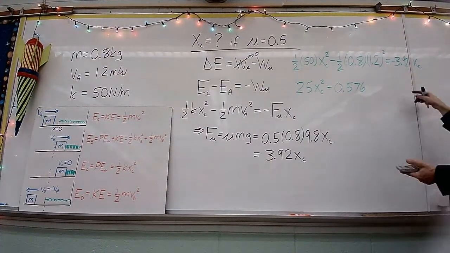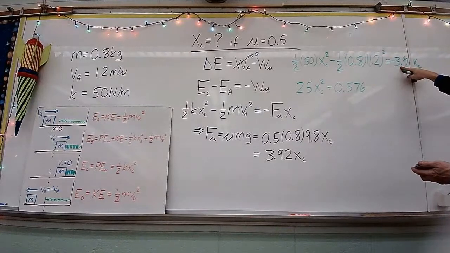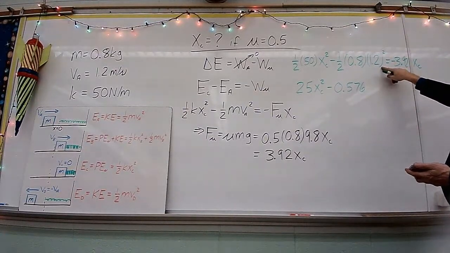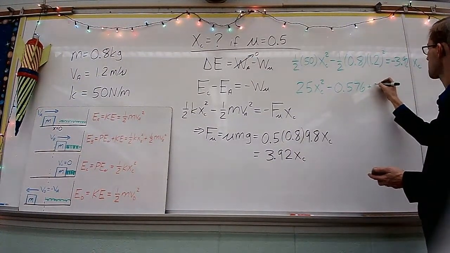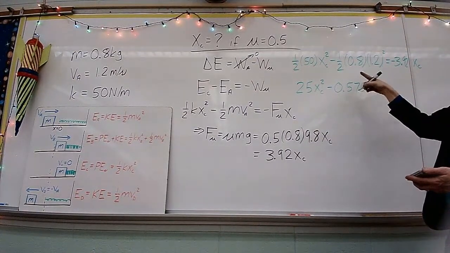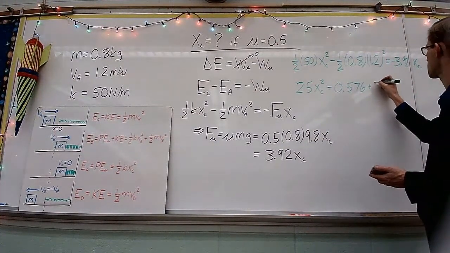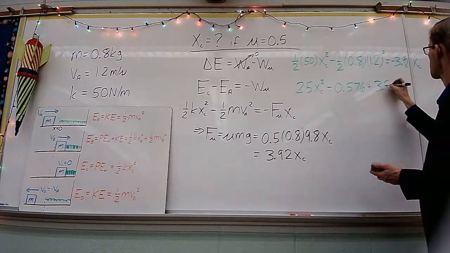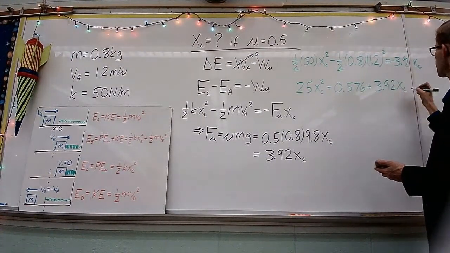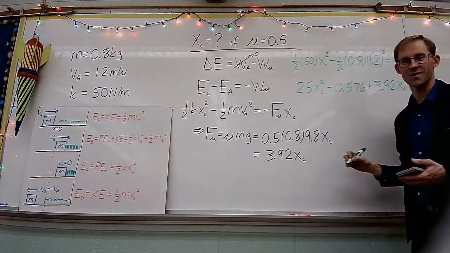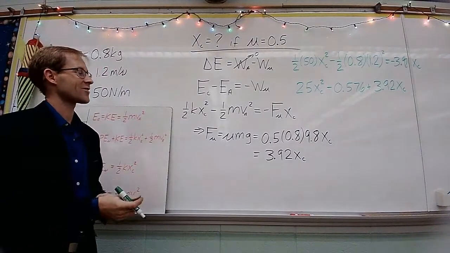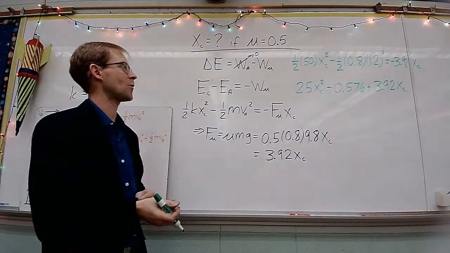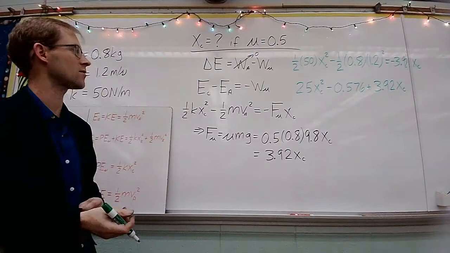And what I'm going to do is I'm going to pull this 3.92 into the equation. And I'm going to put equals 0 on the other side. So because it was negative, it becomes positive when it gets to this side of the equation. What do we have here? That's right, we have ourselves a fancy old-fashioned quadratic equation.